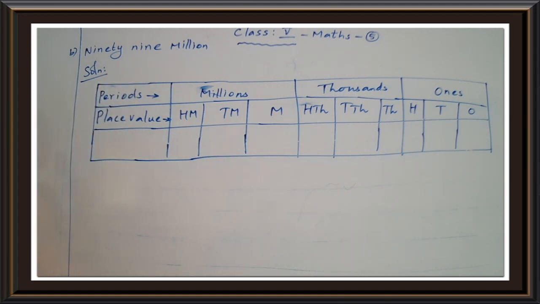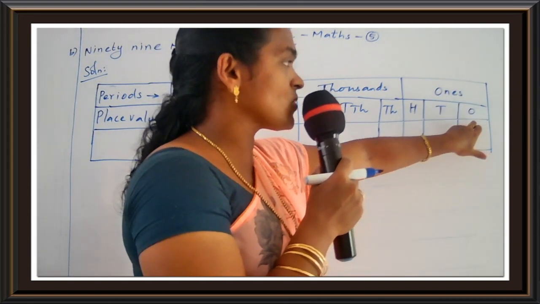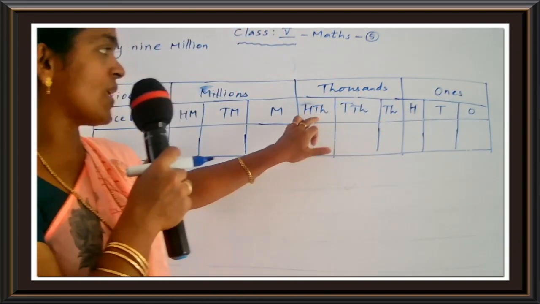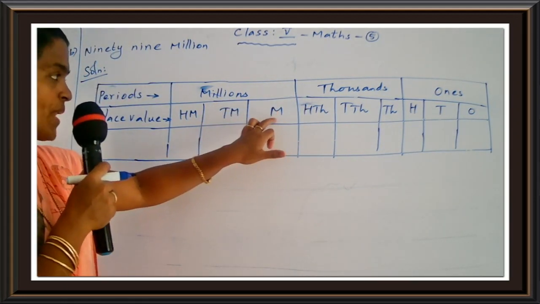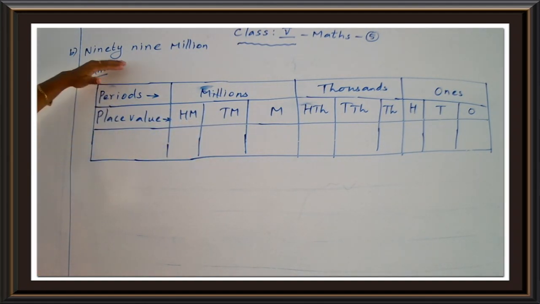The first period is ones period. Ones period consists of ones, tens, 100. Thousands period consists of 1000, 10,000, 100,000. Millions period consists of million, 10 million and 100 million. Now you see the question, 99 million. Here 100 million is not there.